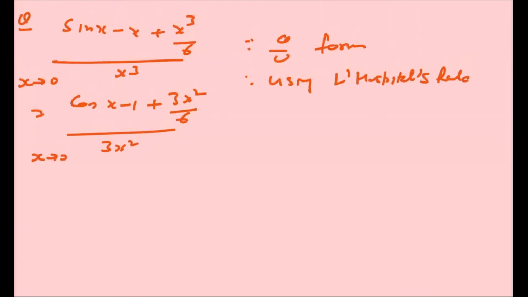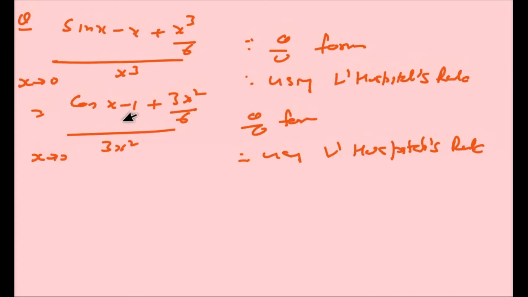Now if we check, we put 0: cos 0 is 1, 1 minus 1 cancels, and 3 times 0 is 0, so the total is 0, and the denominator is also 0. It is again 0 upon 0 form, so again using L'Hospital's rule we differentiate. We get (minus sin x plus 1 by 2 into 2x) upon 6x, as x tends towards 0. Putting the value, sin 0 is 0 and 6 into 0 is 0, again 0 upon 0 form. So again we differentiate: minus cos x plus 1 upon 6 into 1, as x tends towards 0.